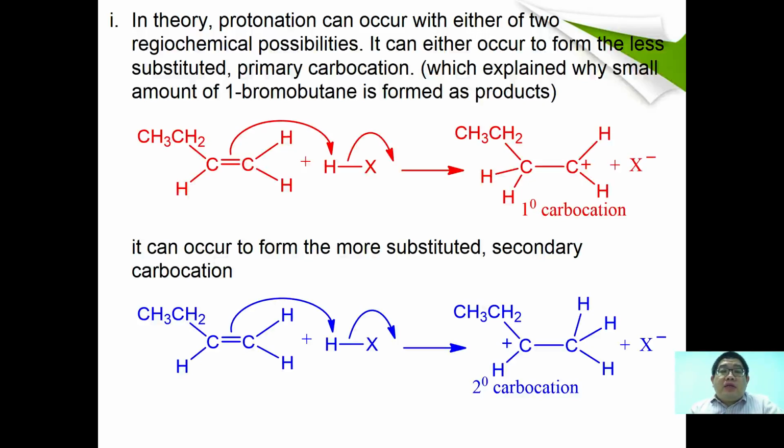In theory, protonation can take place at either a primary carbon or a secondary carbon. If we look at how HX attacks the alkene, when the pi electrons attack the HX, it can form a primary carbocation, or it can form a secondary carbocation.